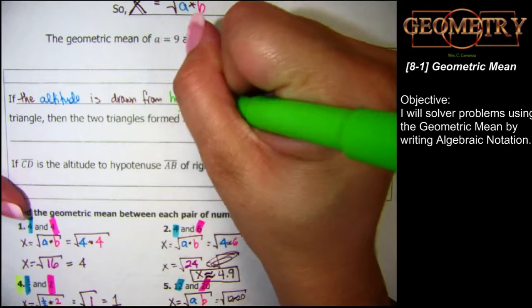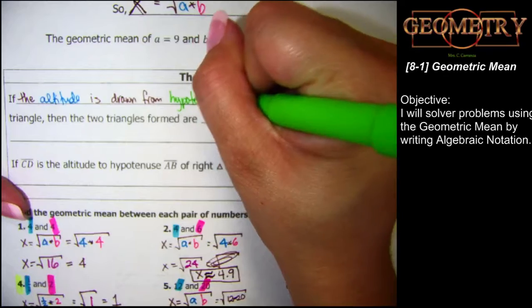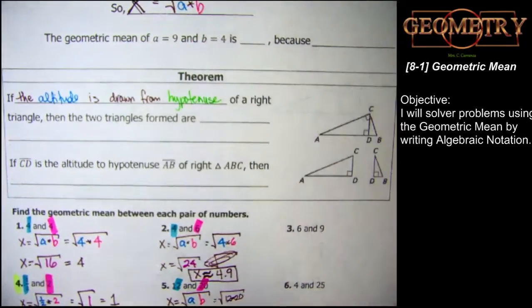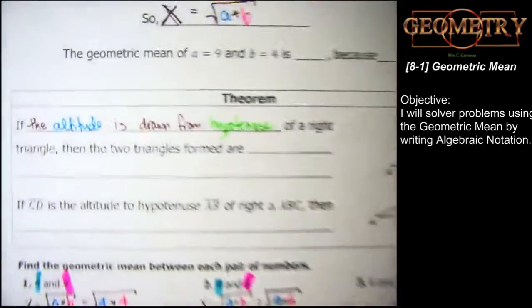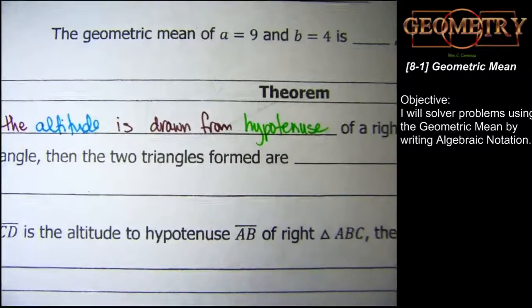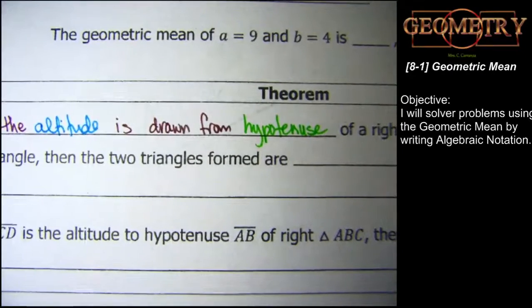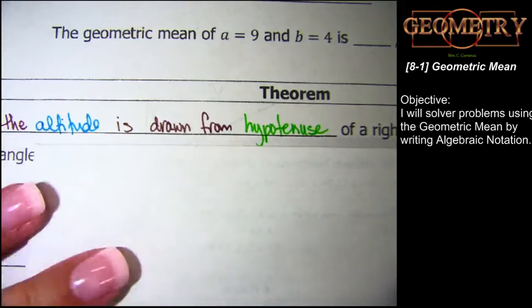Okay, I'm going to pause here for a second because there's a lot of vocabulary words there. A lot of big words. If the altitude is drawn from the hypotenuse. What? Okay, let me show you what that's going to look like.